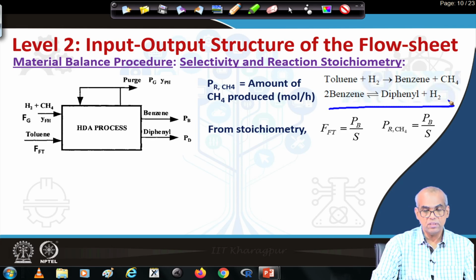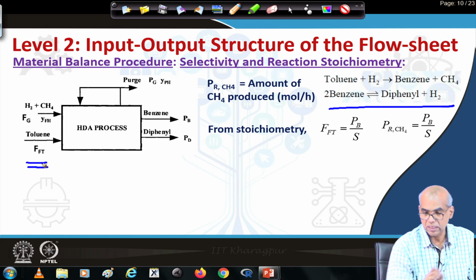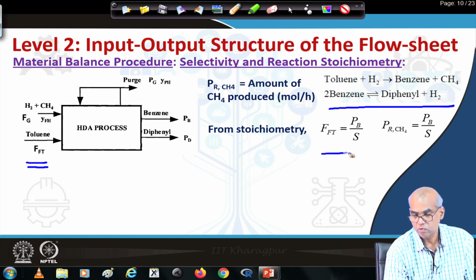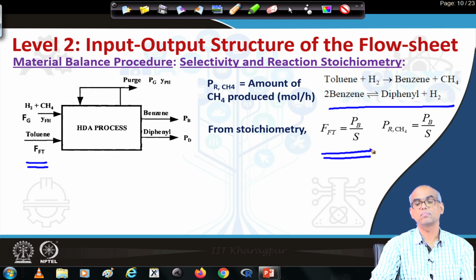So, from stoichiometry we can say that FFT will be equal to Pb by S. Note that the selectivity is equal to benzene by toluene.